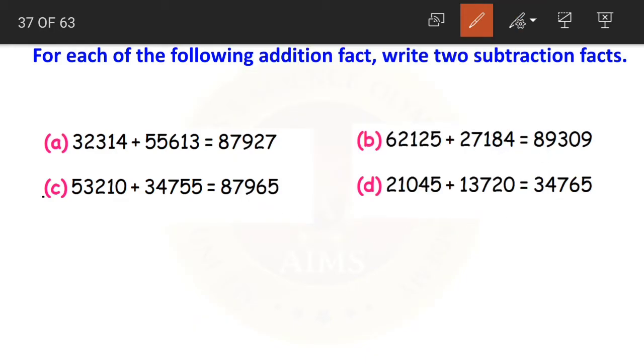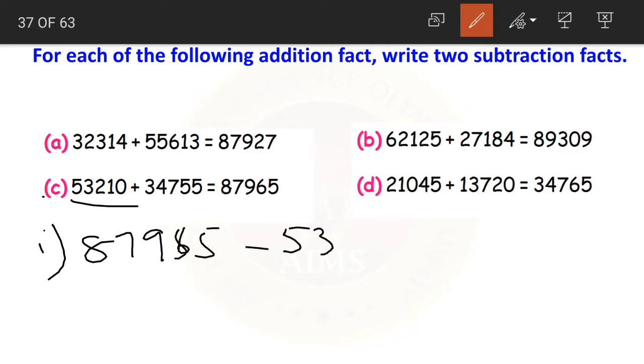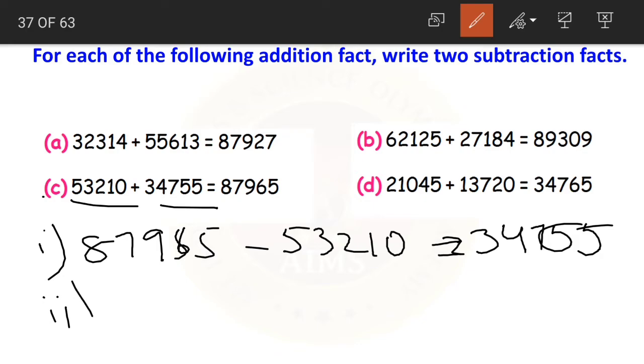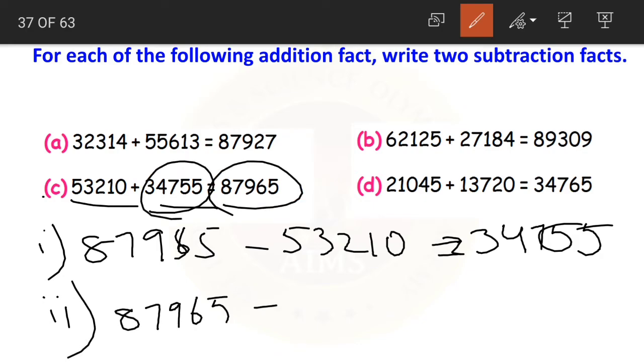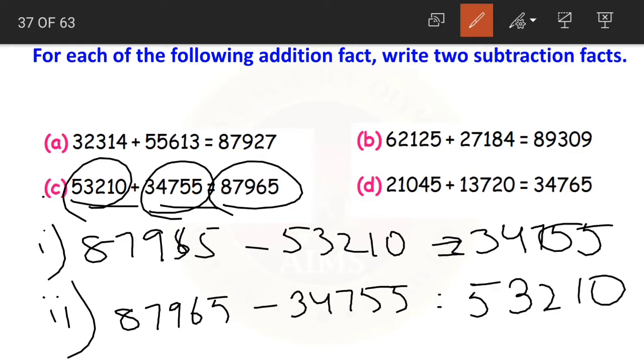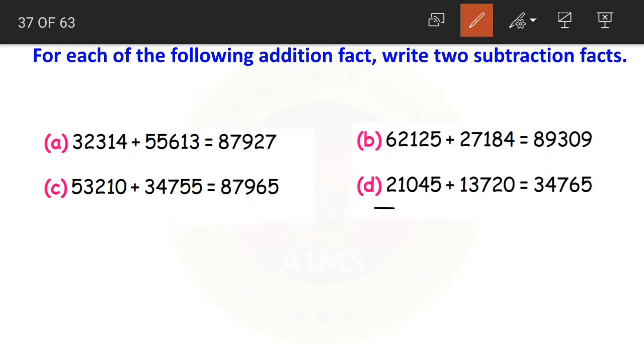Coming to question number C. Again, what will the facts be? Sum minus addend 1 will give us addend 2. Then the second fact will be again sum minus addend 2 will give us addend 1. Yes, children, clear? Coming to the last one, I hope with this question you will understand how to write the subtraction facts.